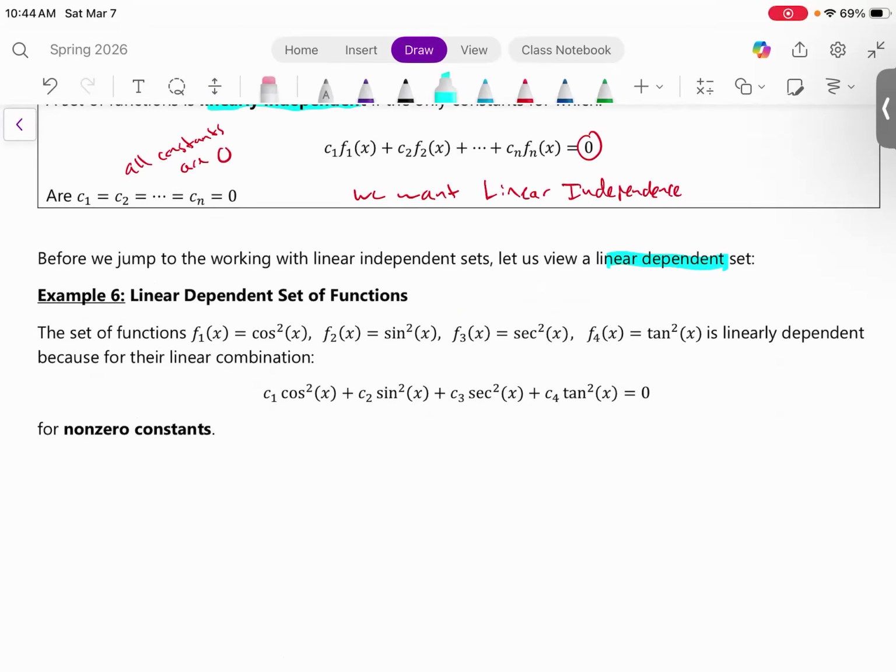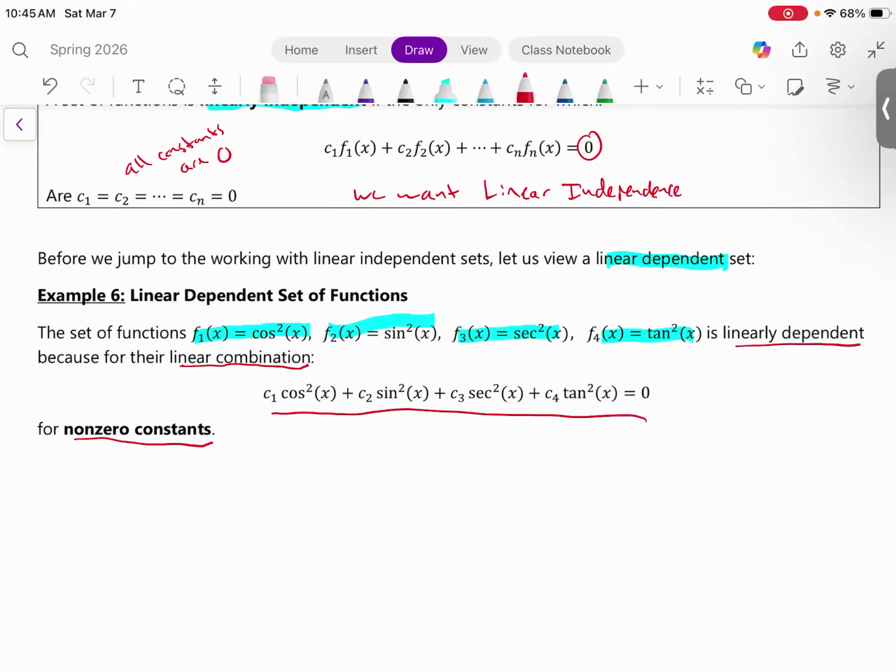Consider this set of functions: f1 equals cosine squared, f2 equals sine squared, f3 equals secant squared, f4 equals tangent squared. We already know these are linearly dependent because their linear combination, c1, c2, c3, c4, equals zero for non-zero constants.